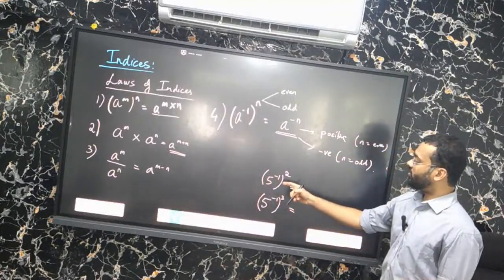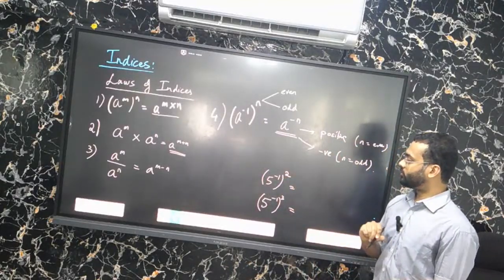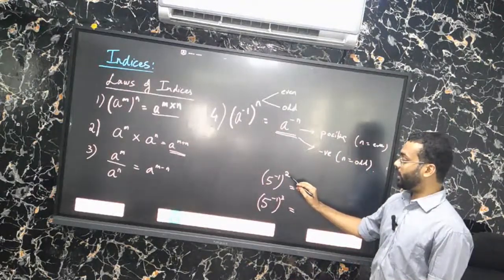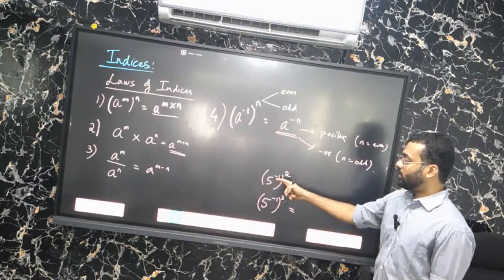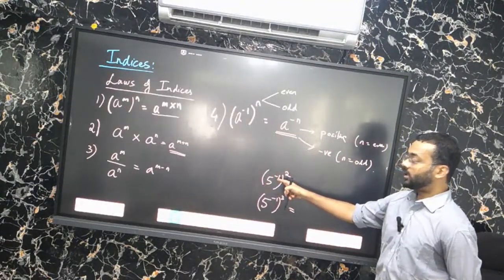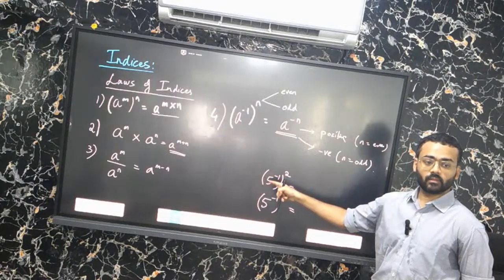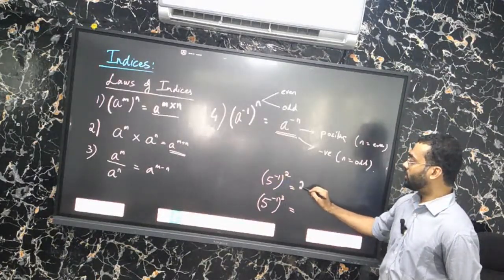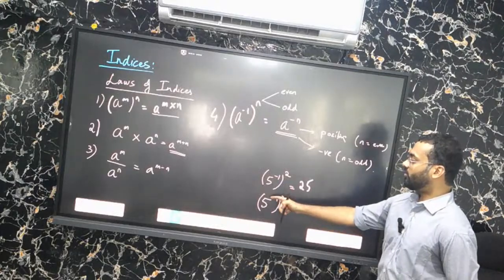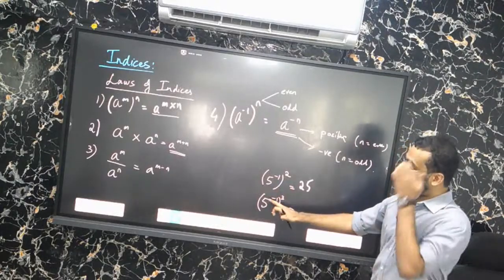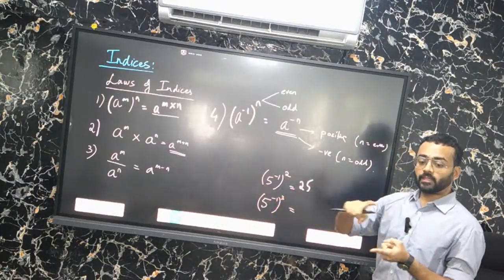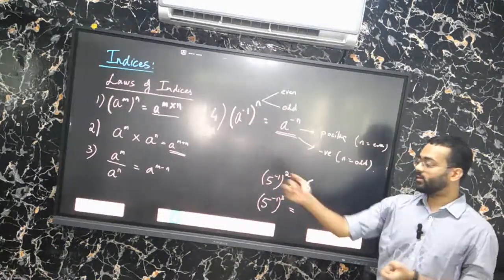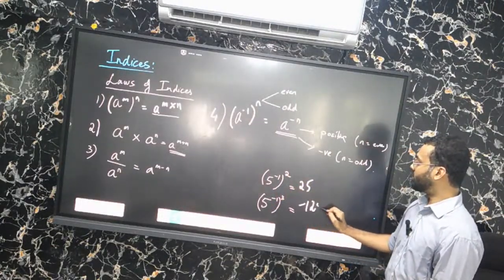What is 5 to the power of minus 1 to the power of 2? See, this will become 5 to the power of minus 1, which is nothing but minus 5. Minus 5 square is becoming 25. But over here 5 to the power of minus 1 is minus 5, and minus 5 cube, that means minus 5 into minus 5 into minus 5, will become minus 125.